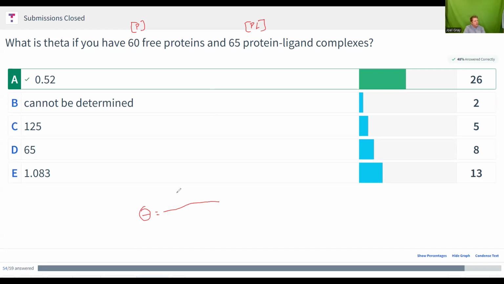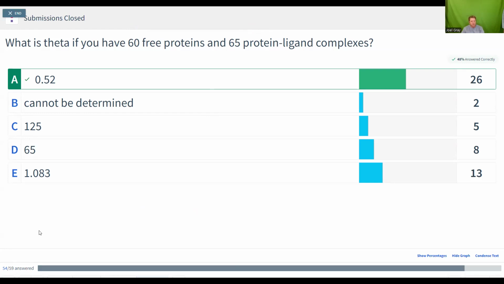This is our PL, so 65 divided by our total number of binding sites. So that would be P plus PL, so that would be 125. So we're looking at 0.52, or another way that you could put it is 52%. So 52% of the binding sites are occupied in this scenario that I've provided.